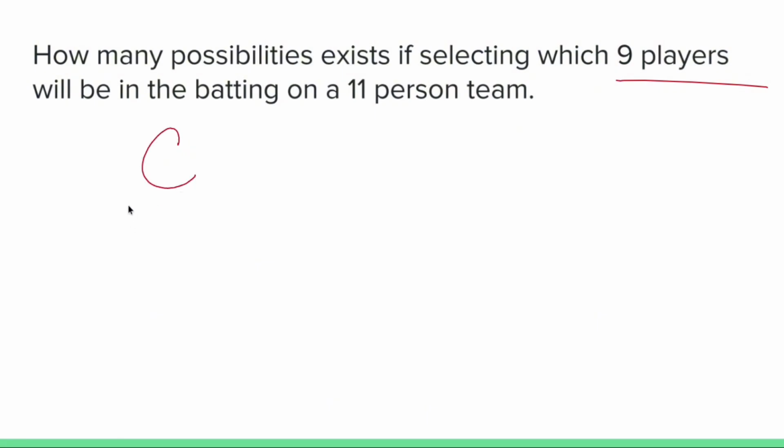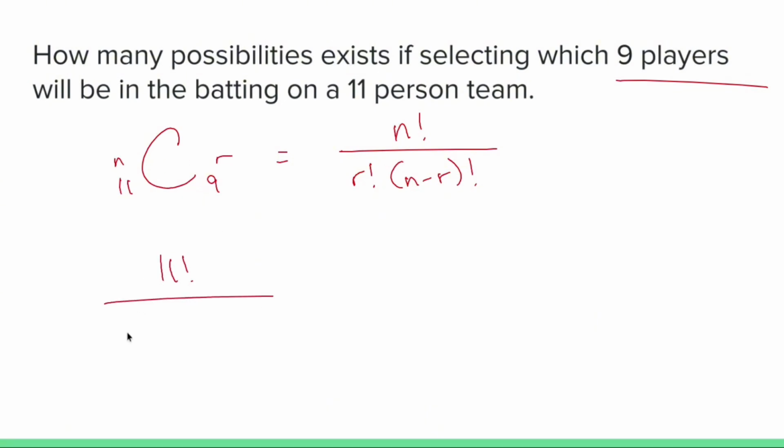So this is a combination where it's 11 people taken 9 at a time. So that formula is n factorial over r factorial times n minus r factorial. You are my n, you are my r. So 11 factorial over 9 factorial times the quantity 11 minus 9 factorial. So that's 11 factorial over 9 factorial times 2 factorial.